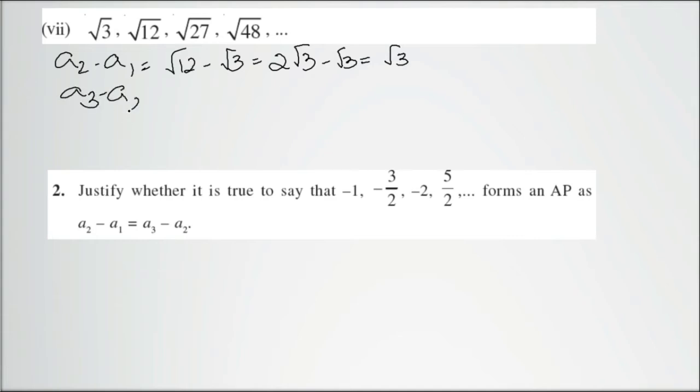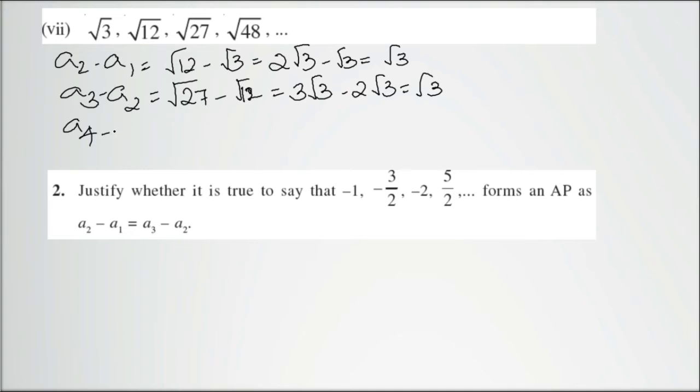a3 minus a2 is the third term, root 27, minus the second term, root 12. Root 27 is 3 root 3 and root 12 is 2 root 3, and the difference is root 3. a4 minus a3, here root 48 minus root 27.